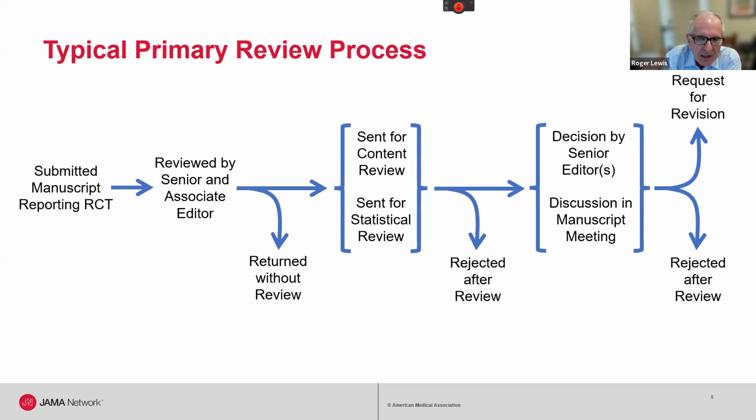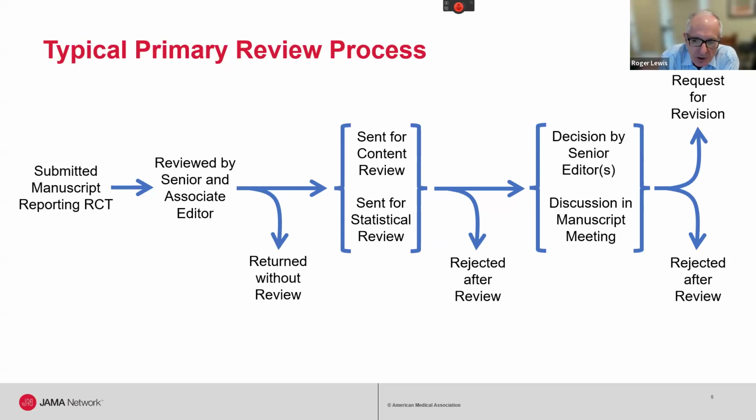They're not making a decision to, for example, request a revision. They're making a decision about whether the reviews or the overall picture are not sufficiently supportive to consider publication. And then they may just reject after review, and provide those reviews to you.